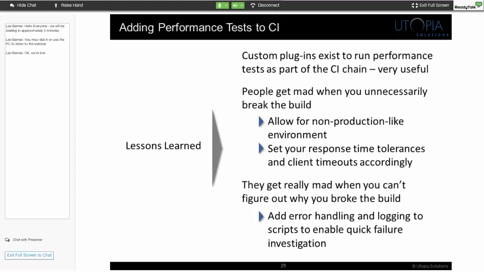And they get really mad if you break the build but don't understand why, and that's really where that hardening comes in. Add error handling and logging to the script so you can quickly understand why they failed and either remove them or fix them versus spending a lot of cycles trying to understand why the build itself functions, but you're saying it failed from a performance perspective.